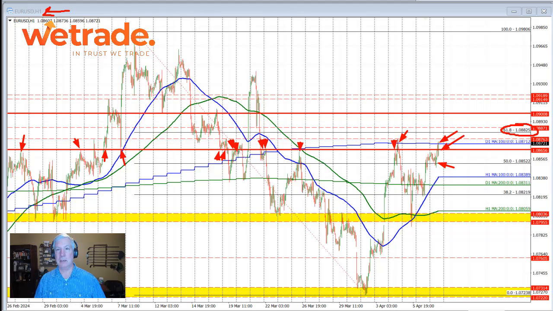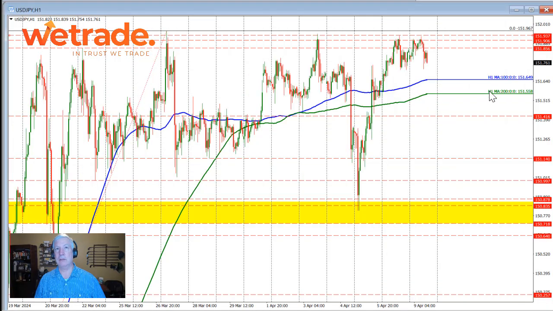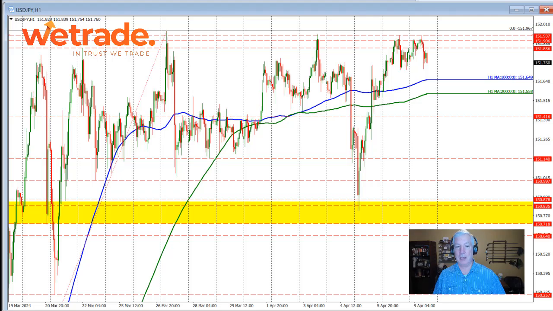Let's take a look at the dollar versus yen next, on the hourly chart. Yesterday we moved up to a high of 151.937. That was just short of the 30-year high that we saw back here at 151.967 on March 27th.